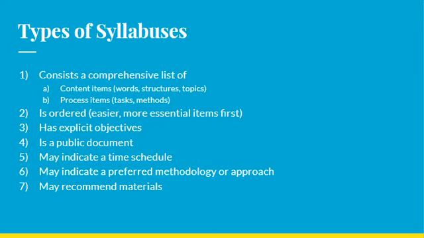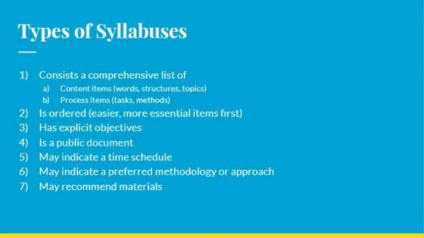And it has explicit objectives. So we're going to be very clear about what we want the students to do after the course. What do you hope the students can do after the course? It's a public document, which just means your school, your students, parents, they should all be able to see it, right?